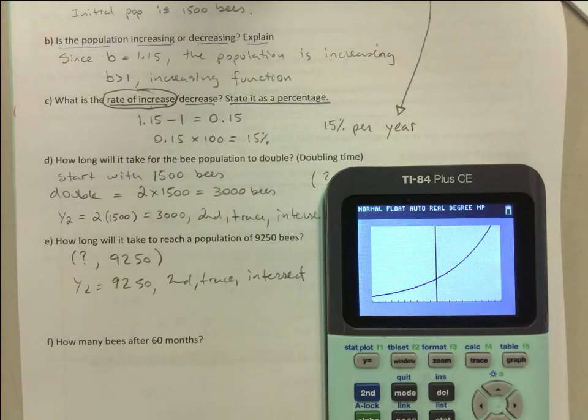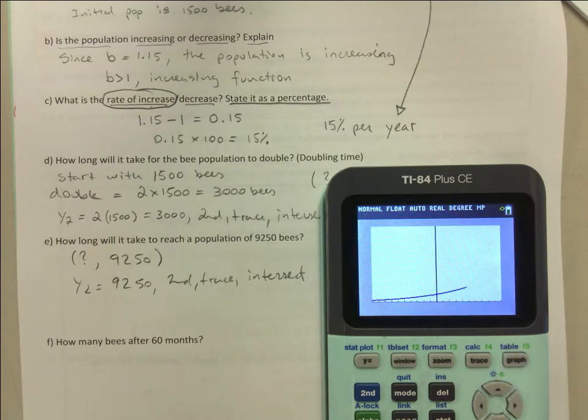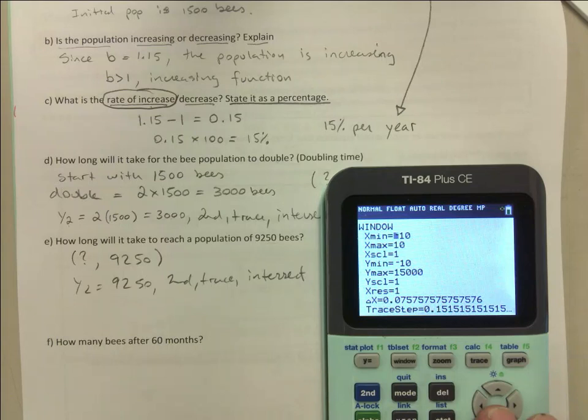I don't see anything. How come? My window. Yeah. Let's go y max 10,000 or 15,000. I'm going to go 15,000. Okay, so now what? X max, yeah. Window. I'm going to go 50.